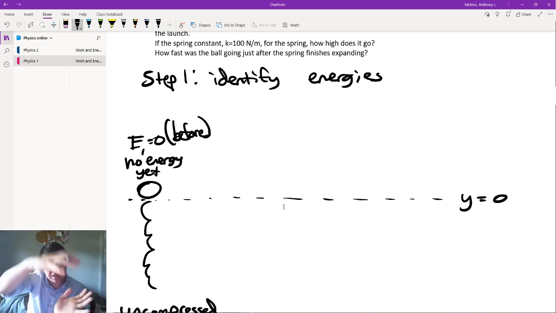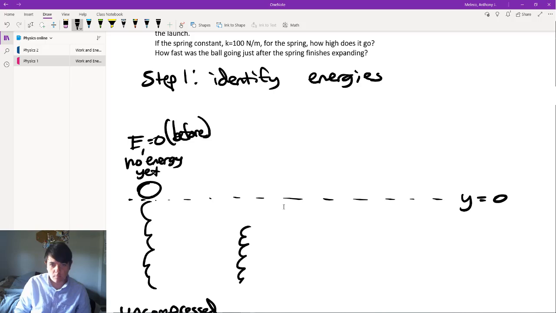Next, you're going to push into the spring. Okay? And so now we have some displacement here because you push the spring down. And we'll call this distance y spring.